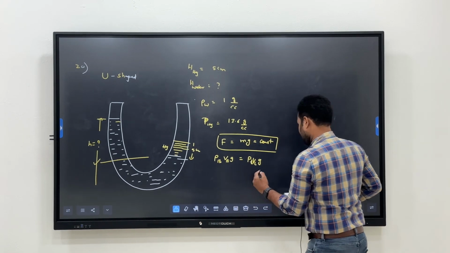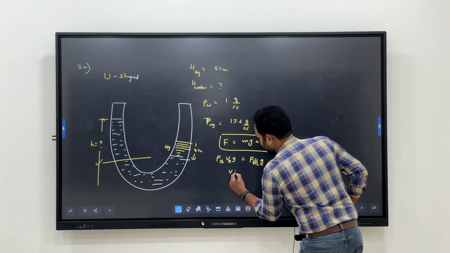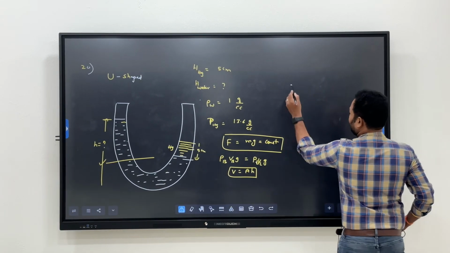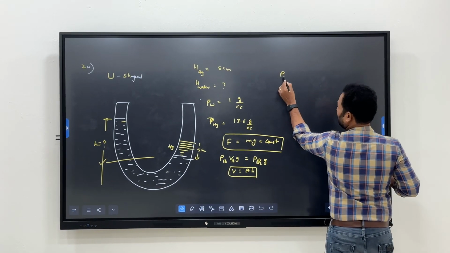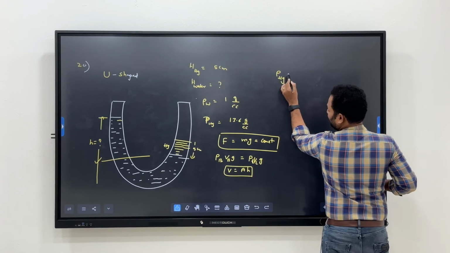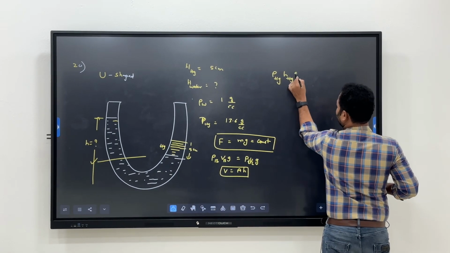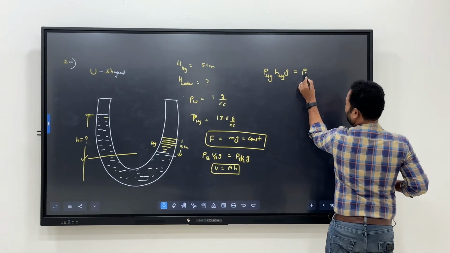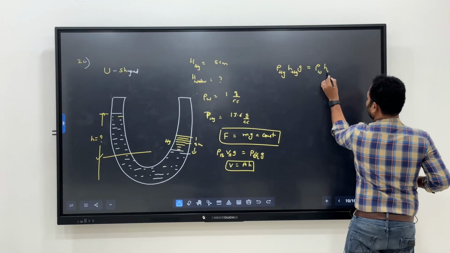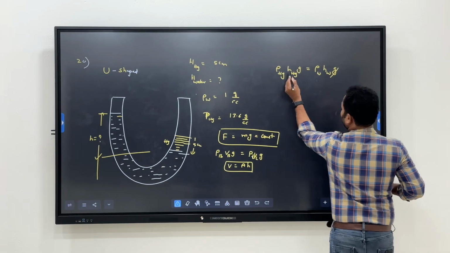Volume we can write as area into height. Both areas are the same. So rho mercury, H mercury into g is equal to rho water, H water and g, because the area is the same for both. g cancels.